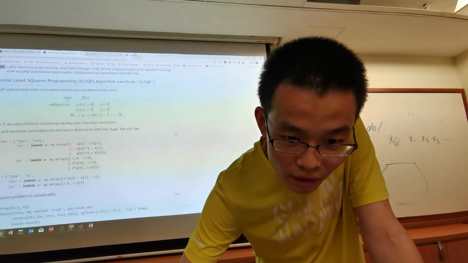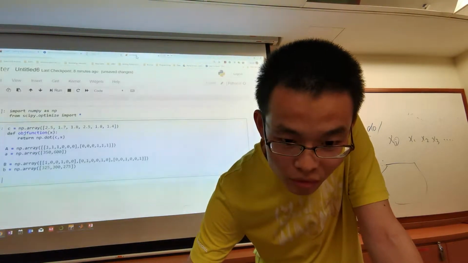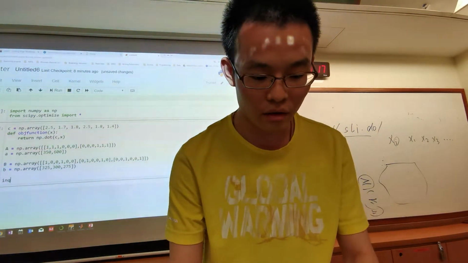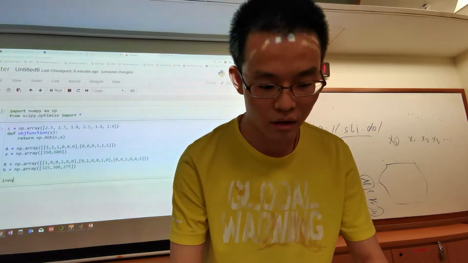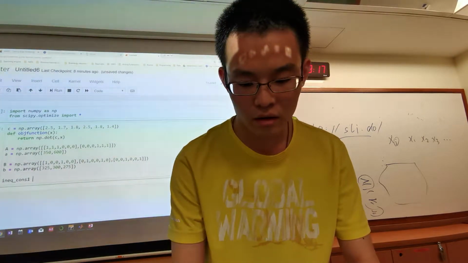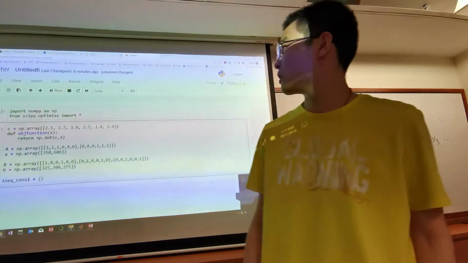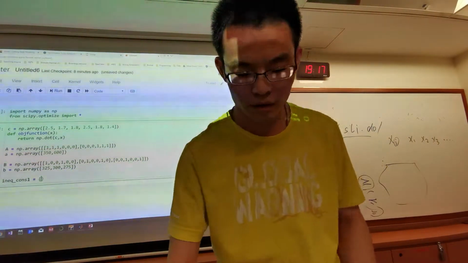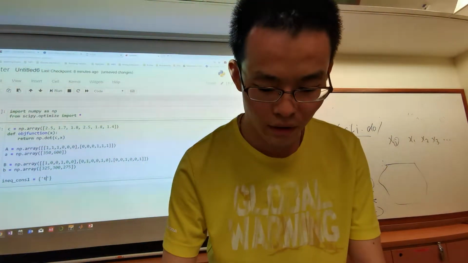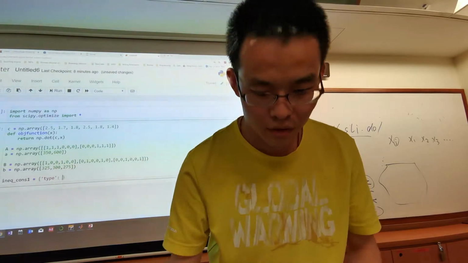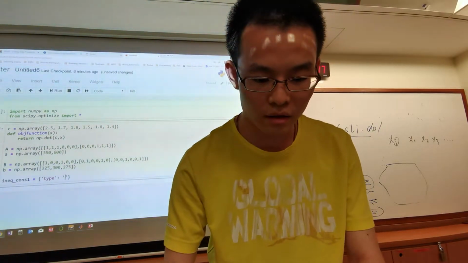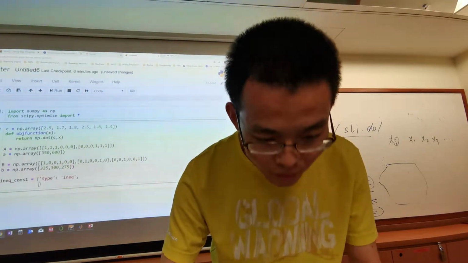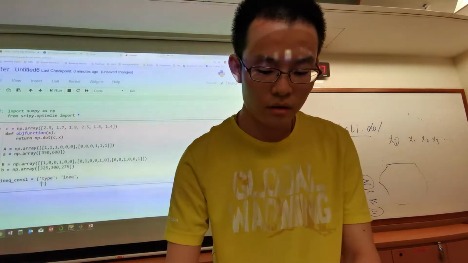So we will define inequality constraint 1. The curly braces indicate a dictionary in the Python data types. The type is the key, and then the value is INEQ. And then it's the function.